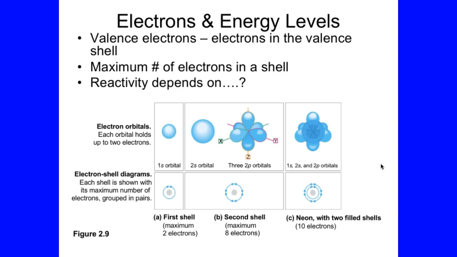What does that mean? That means that any elements in group 8 are going to be considered inert. Inert means they're unreactive. They don't react with any other element, really.